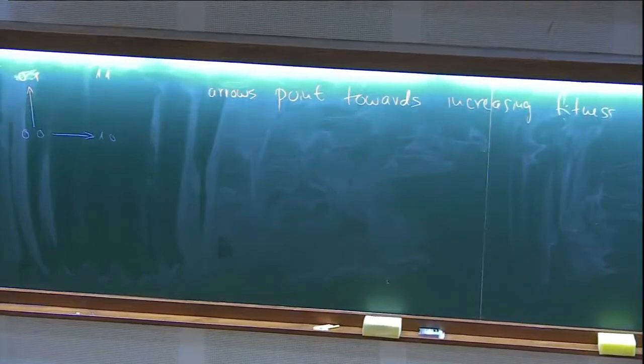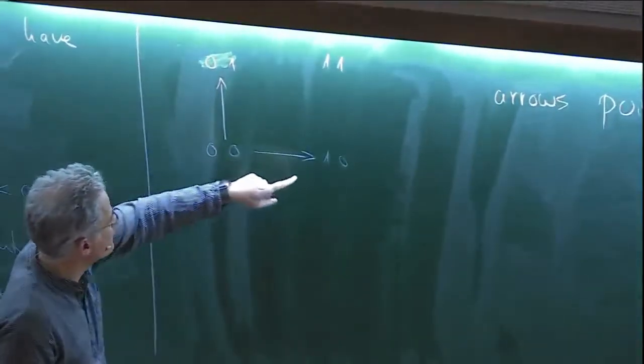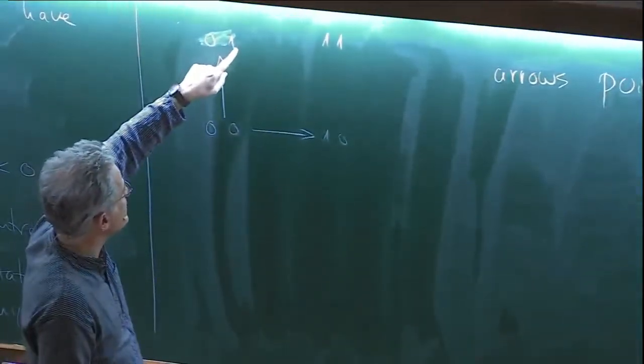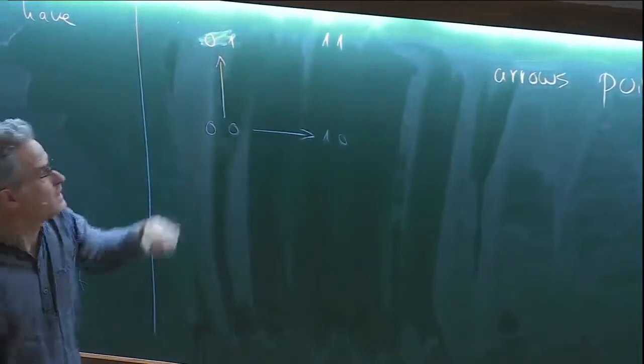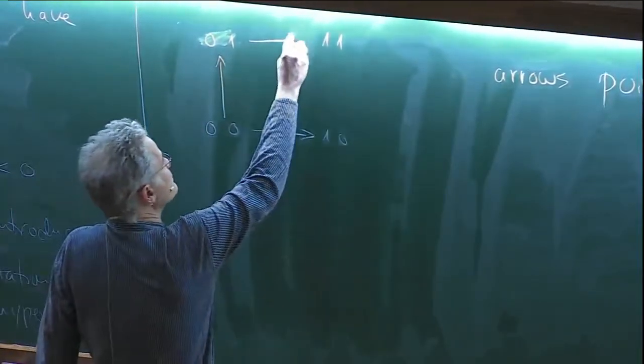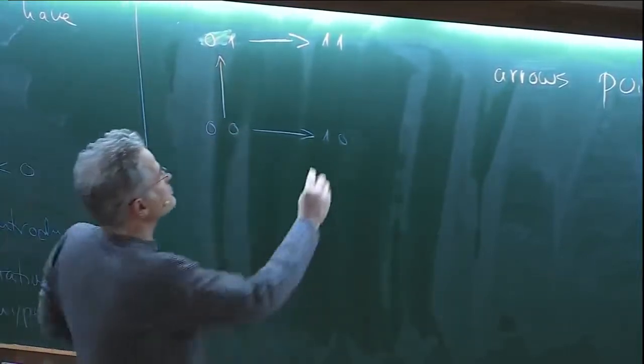Now, how would I see in this picture whether there's sign epistasis? So if there's no sign epistasis, then this means that if I do the first mutation in the background of the second, this corresponds to this arrow, it would still be beneficial, right? So in the absence of sign epistasis, this arrow should point in this direction, and the same is true for this one.